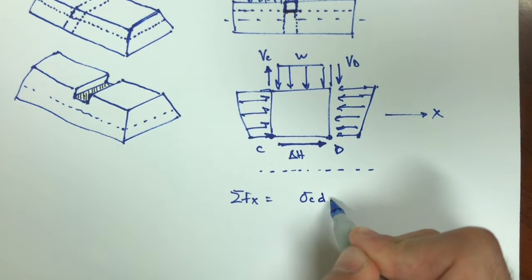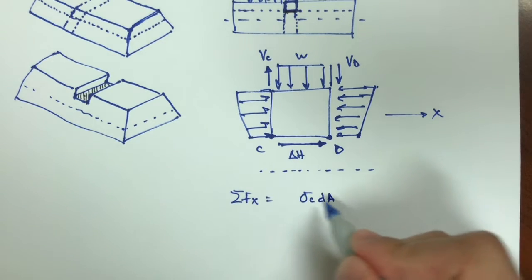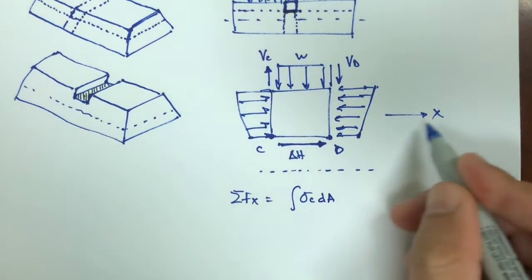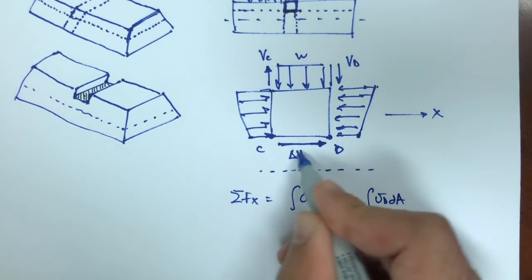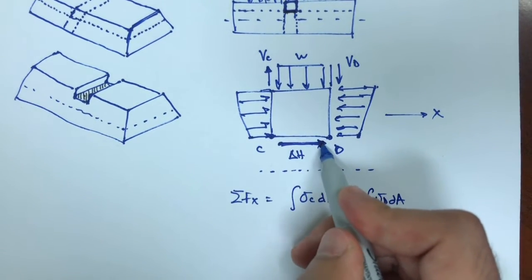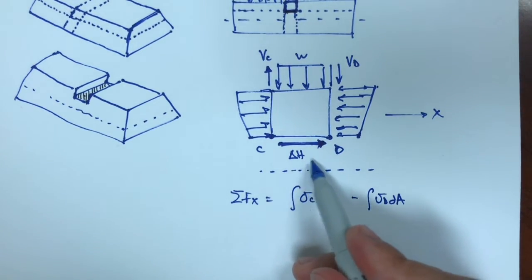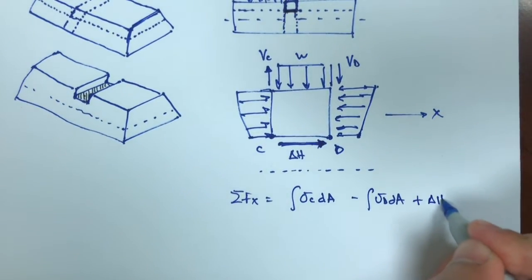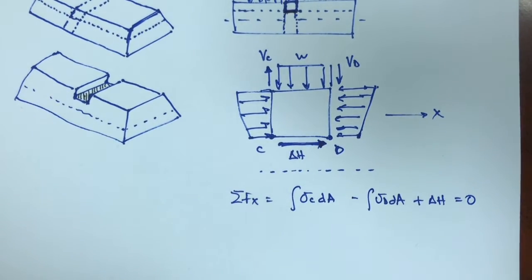So sigma C times the area and integral, that would be positive, and then at D would be negative, sigma D dA, and then this force, that is what I'm interested in, because if I divide it by this shaded area right here, I would get the shearing stress, plus delta H has to be equal to 0, because this element is not moving to the right or to the left.